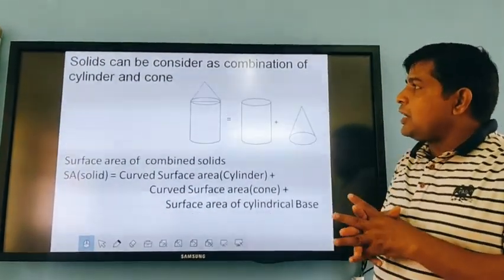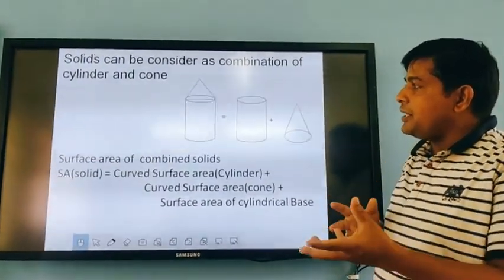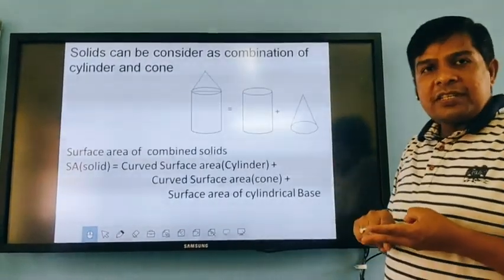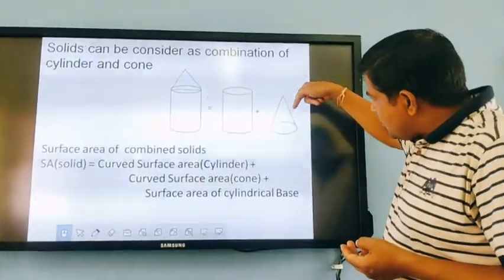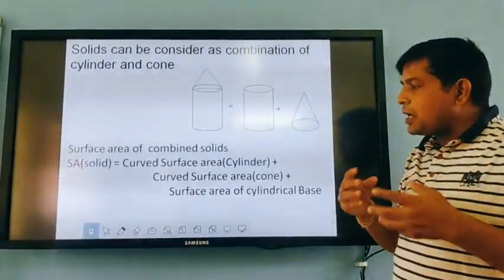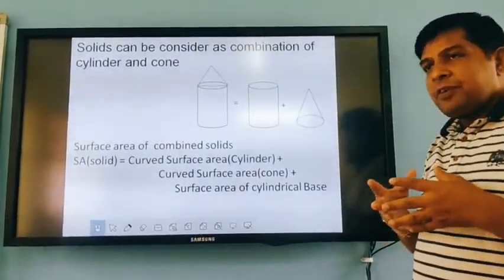So when you find out the surface area of the solid, there are 3 parts. First part is the curved surface area of cylinder, second part is the curved surface area of cone, and third part is the surface area of the cylindrical base, that is in the form of a circle.